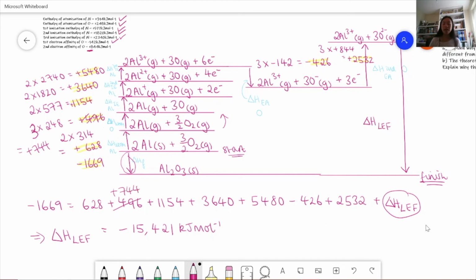And now this should give us the minus 15,421. So you see how important it is to check, because it's very easy to make these silly mistakes. And it's also very important to remember that that second electron affinity is endothermic, so we need to have the arrow going up, and the levels don't keep going down like they normally do for simpler questions.